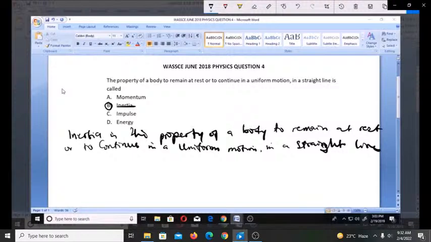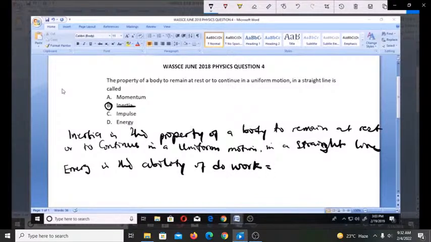Now let's look at other things like energy. Why did we say the answer is not energy? Energy is simply the what? Ability or capacity to do work. Ability of a body or its capacity to do work. And it's actually force taken through a distance. Now, what is impulse? Impulse is the impact of a force at a particular time or for a number of times.